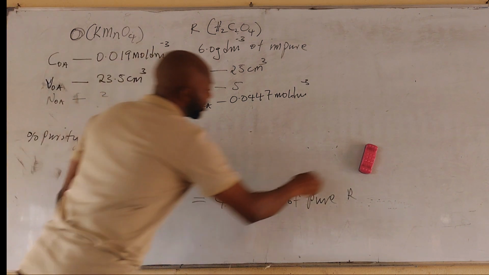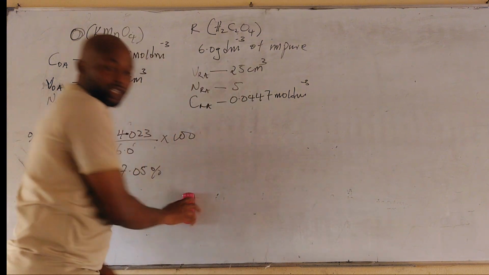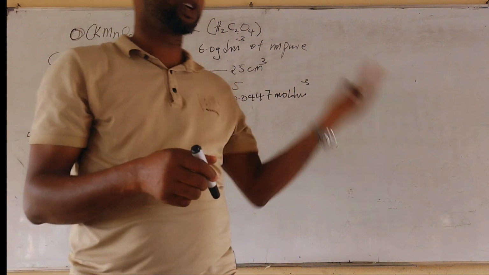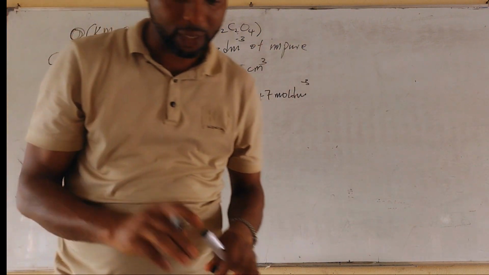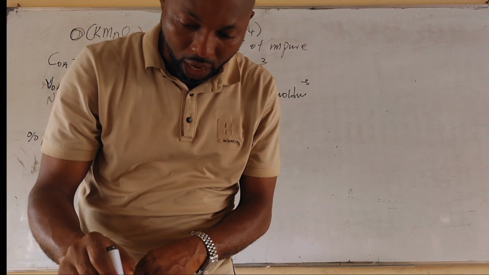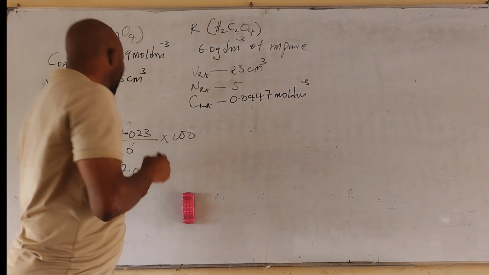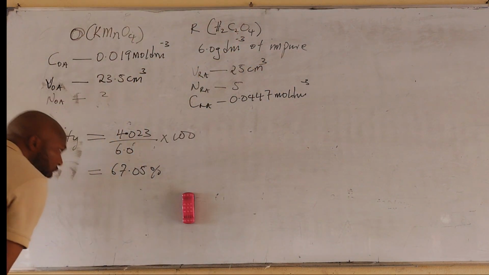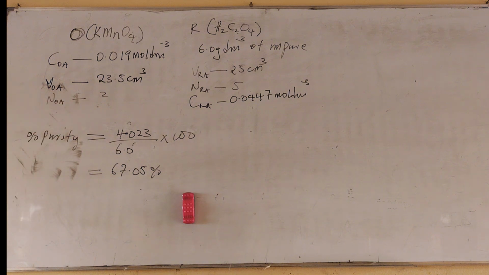So the final question, which is the main question they're asking us right now, they say what is the percentage impurity? So now is the time for us to calculate what they are asking us. So we see how we've gone in a roundabout manner trying to get to their destination.